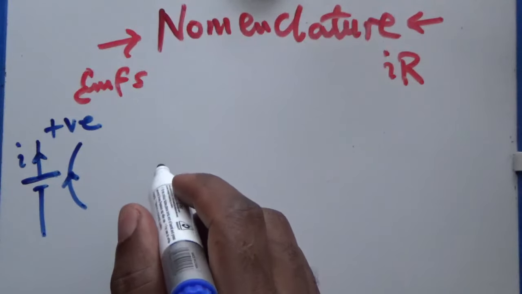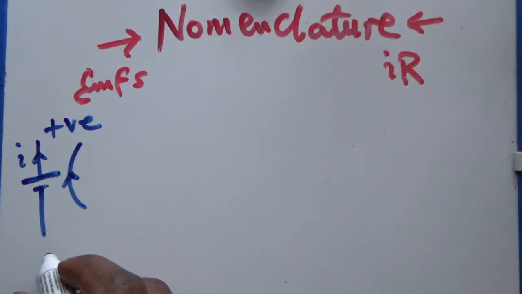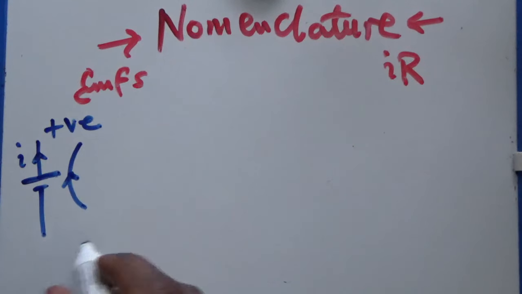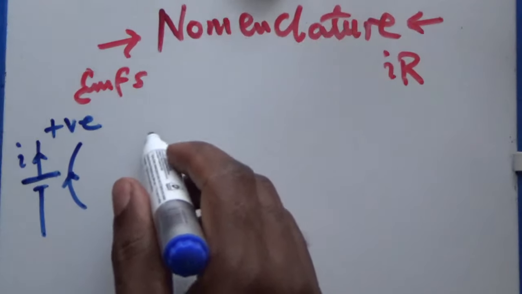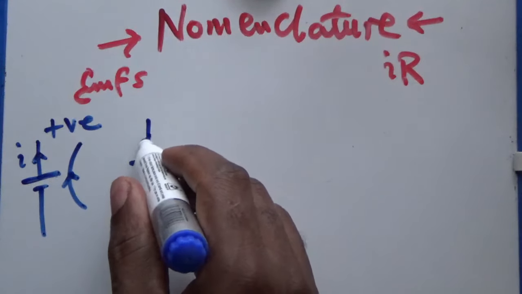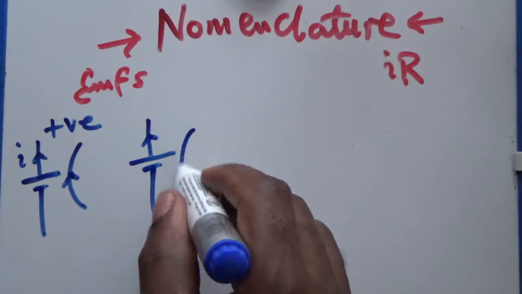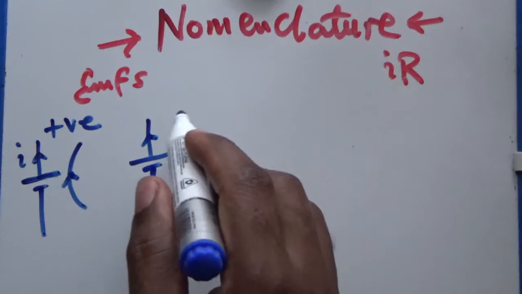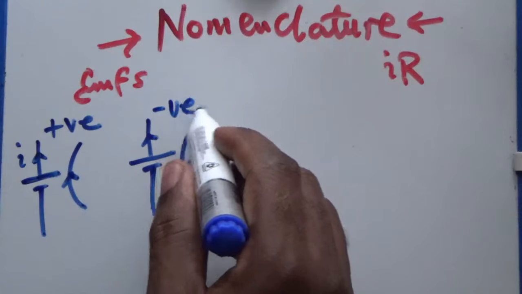If the battery has the current coming out of the positive terminal and the loop is opposing that current, then we have this one as negative.